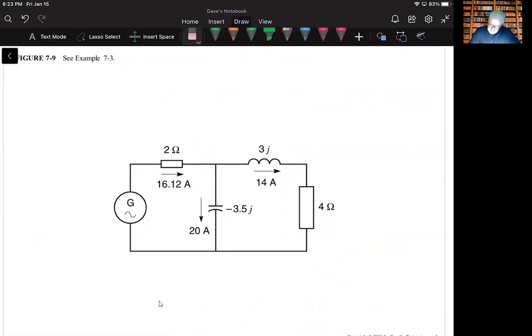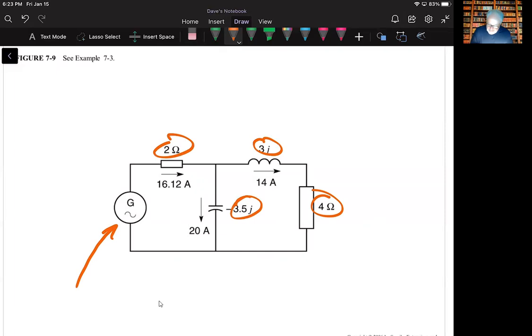All right, so we have an AC generator here. It's connected to a group of resistors. Two resistors, an inductor, and a capacitor.